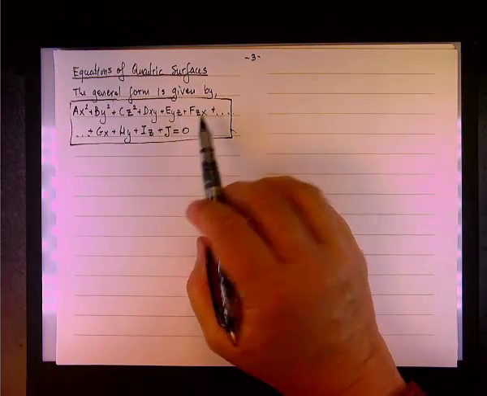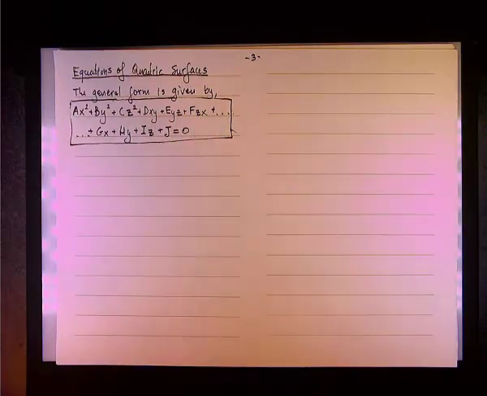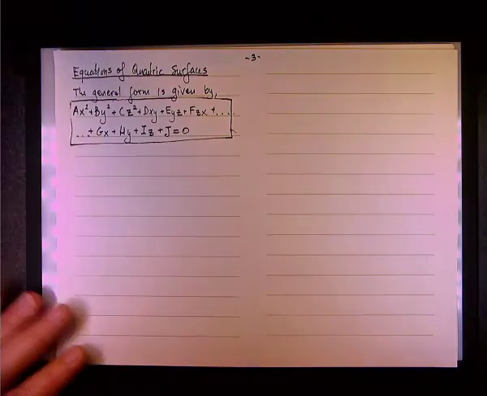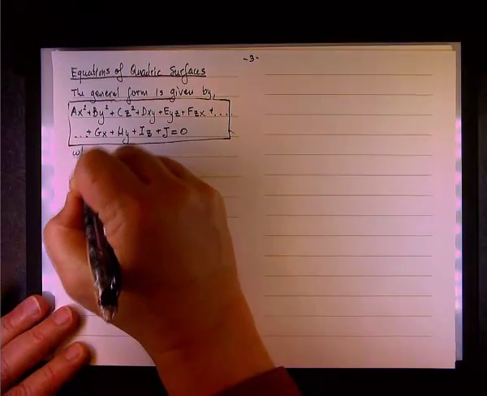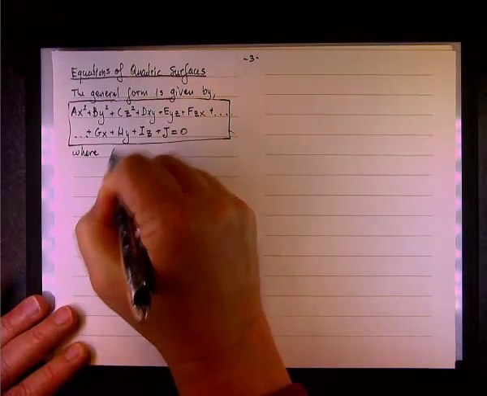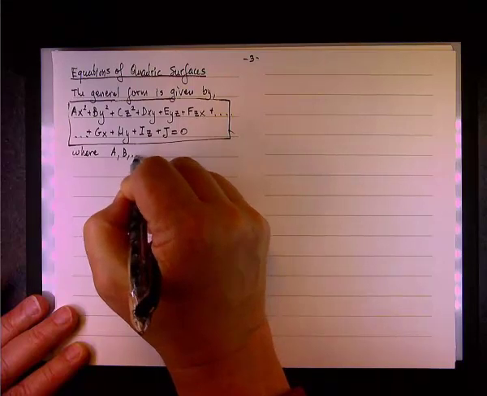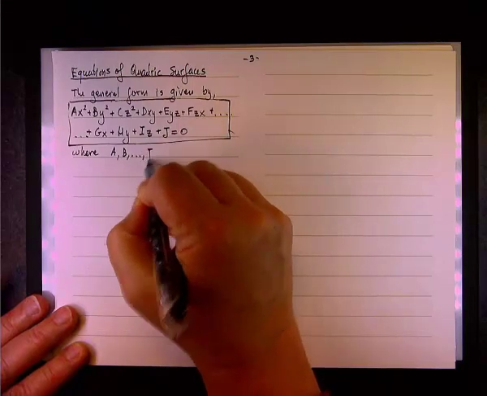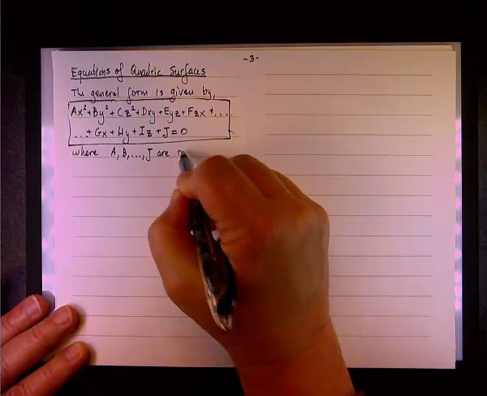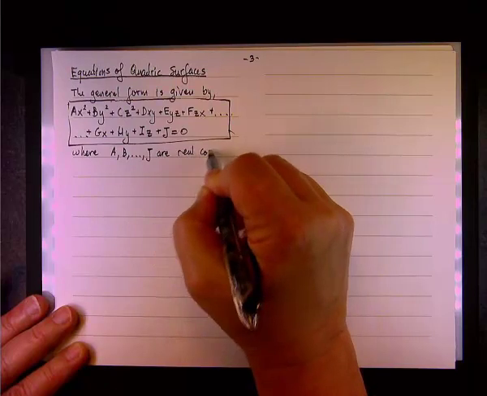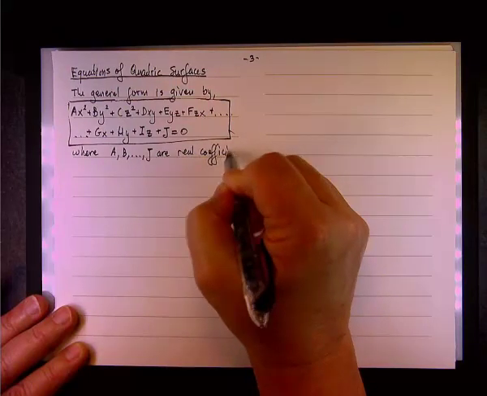Okay? The terms xy, yz, zx are the result of tilt or rotation of the quadratic surface. We can simplify. Actually, let's write a comment where A, B, dot dot dot J are real coefficients.